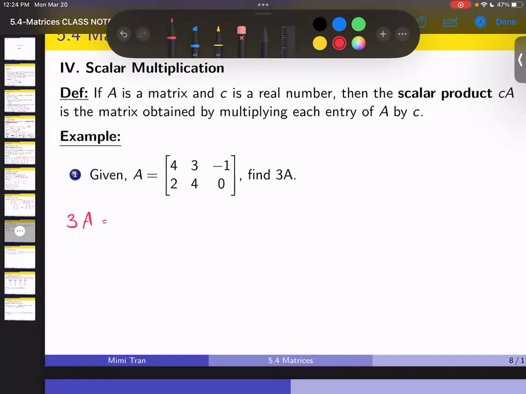So 3A is 3 times the matrix A, which is 4, 3, -1, 2, 4, 0. And then you distribute the 3 into each of those entries: 12, 9, -3, 6, 12, 0. That's all.